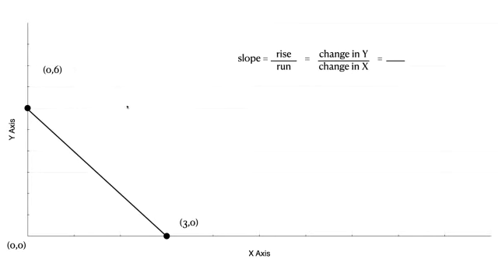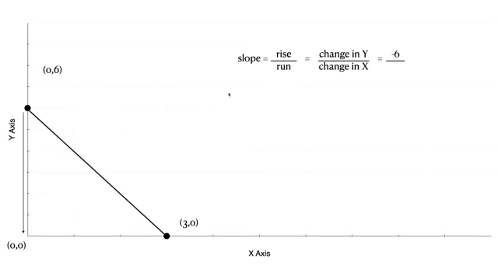If we go from this point to this point, we need to decrease y by 6 units, because we were at 0, 6 and then we moved to 0, 0. So we lost 6 units of y moving from this point down to here. That's why the change in y is negative 6.